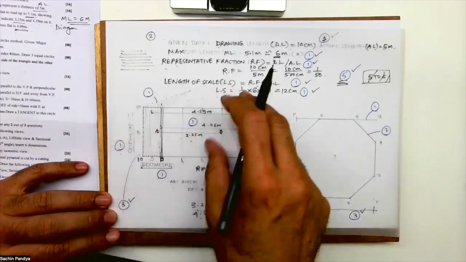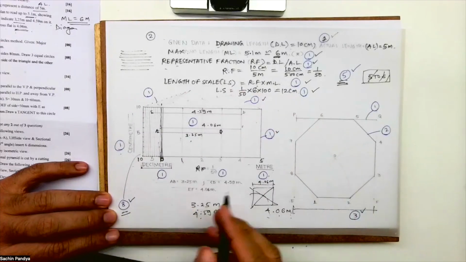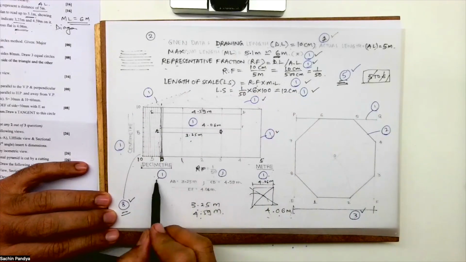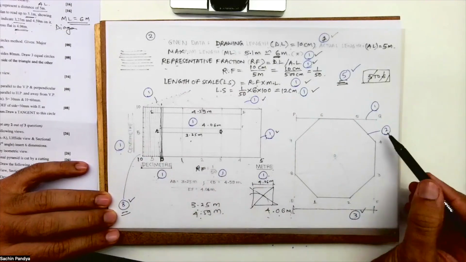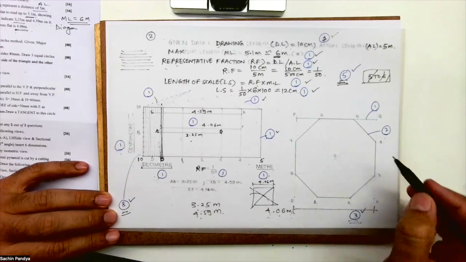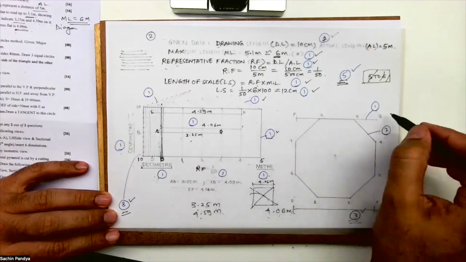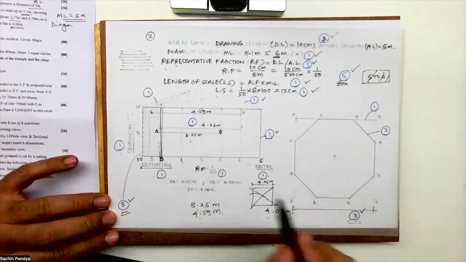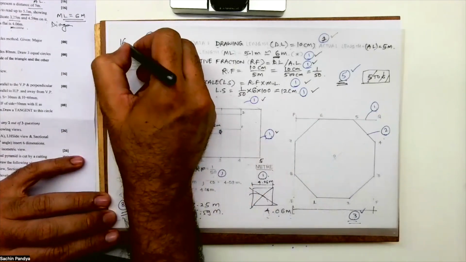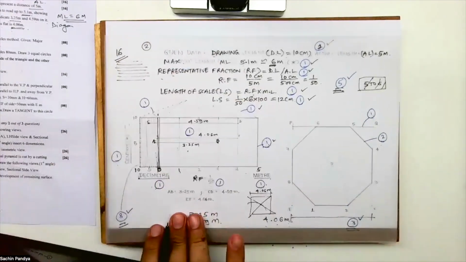So this drawing part will again, it is for 8 marks, if you calculate all this: 1, 2, 3, 4, 5, 6, 7, 8. And drawing this octagon will carry 3 marks. So 2 marks is for the octagon and 1 mark is for the box and dimensions. Right? So this is how they will give you marks out of 16. Now we'll see the third question.